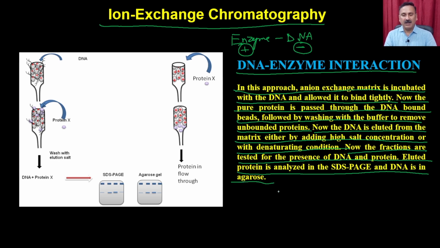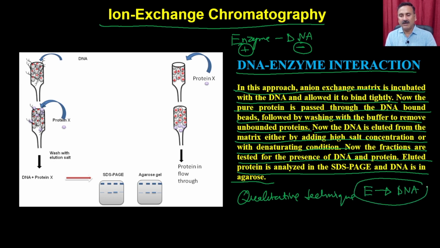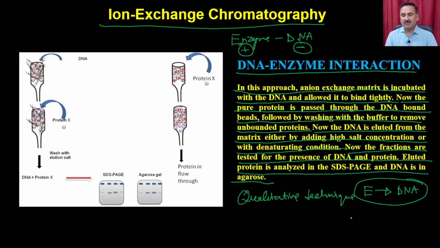So this technique is more of a qualitative technique, so you can say whether this particular enzyme is interacting with the DNA or not. You will not be able to calculate the affinity parameter, which means you will not be able to measure the dissociation constant Kd.